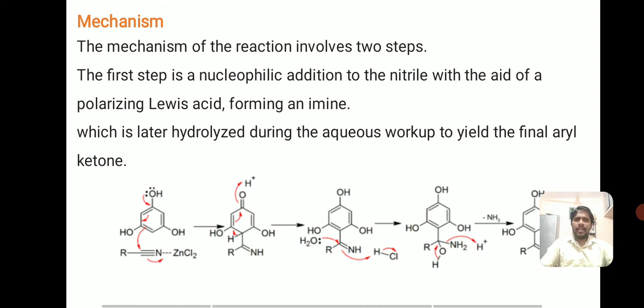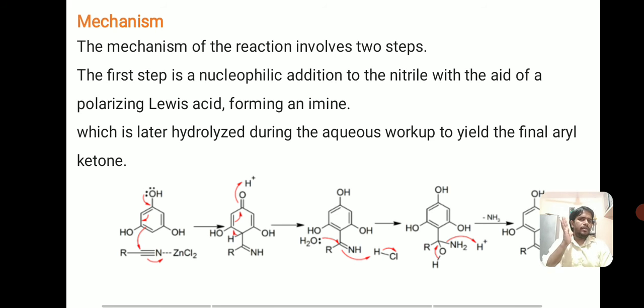Coming to the mechanism of this reaction, it involves two steps. In the first step, what happened? The first step is a nucleophilic addition to the nitrile with the help of a polarizing Lewis acid, forming an imine. That is, formation of imines takes place in the first step.